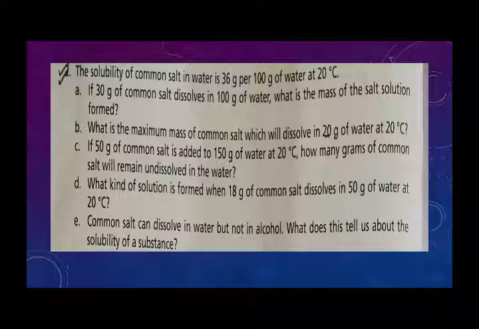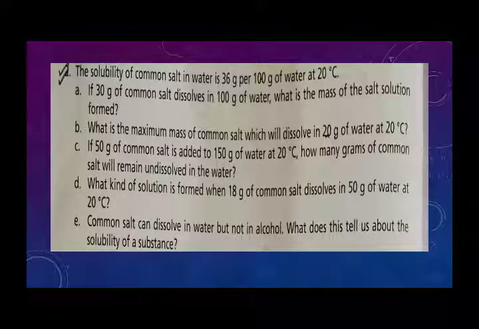So you can easily find out by the same method which we applied in part B whether it will be a saturated, unsaturated or supersaturated solution, right?